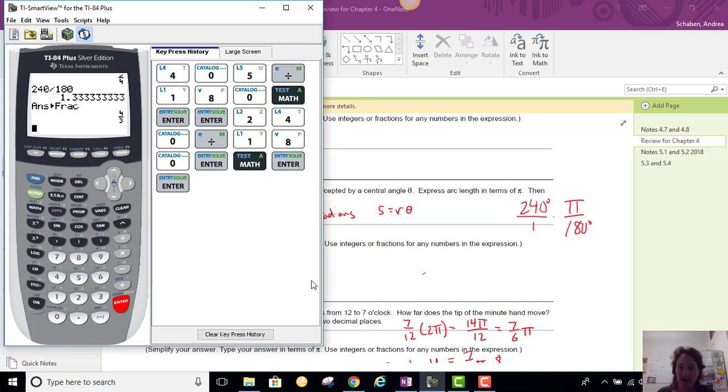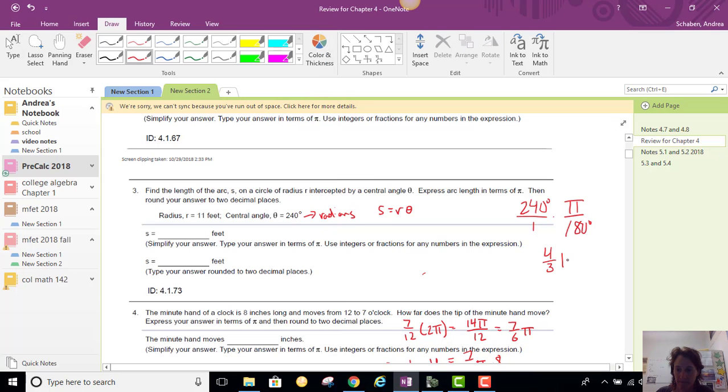So 4/3 pi. Arc length is your radius, 11 times 4/3 pi. Type your answer in terms of pi first, so that's 44/3 pi, and then an exact.